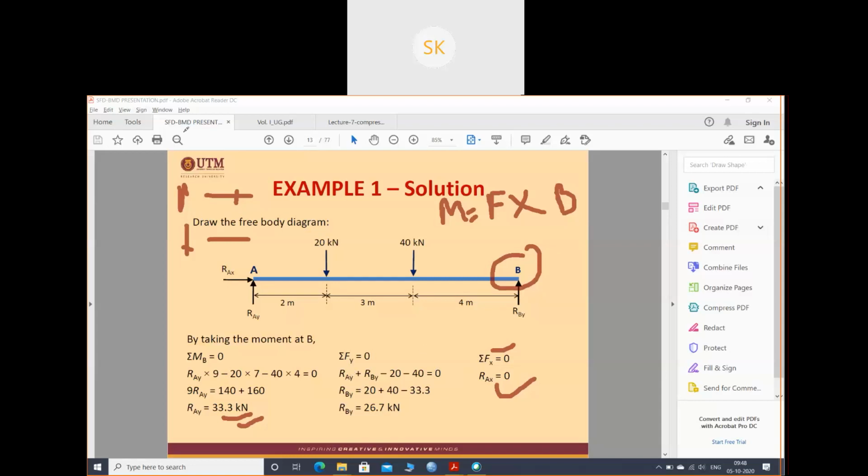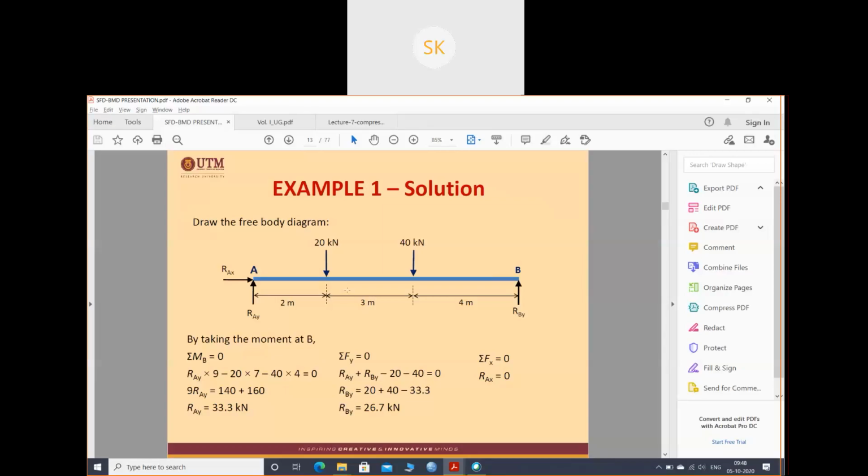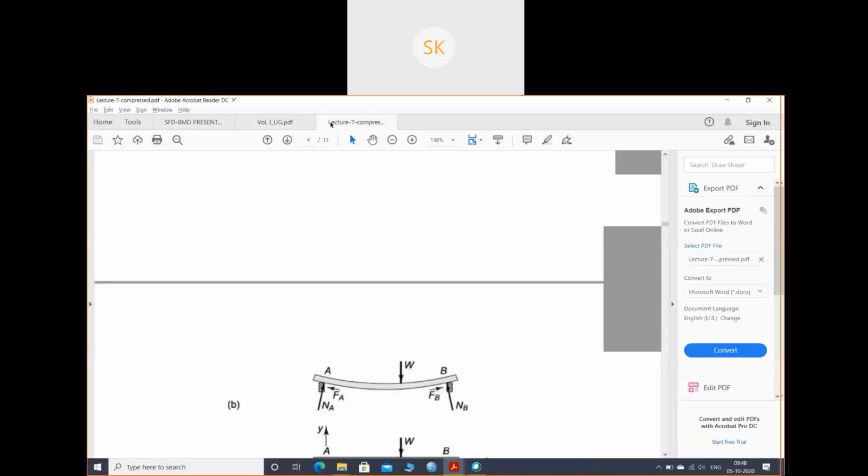Okay. Hope you understood. Now, can you find this one? Okay, I have not discussed one thing, that is the types of loads.